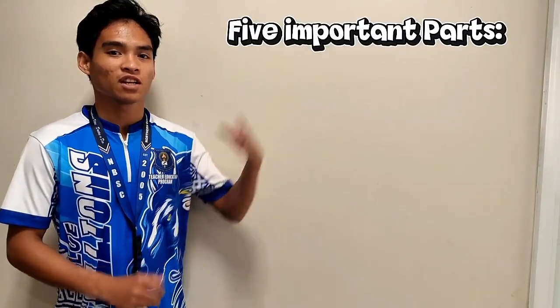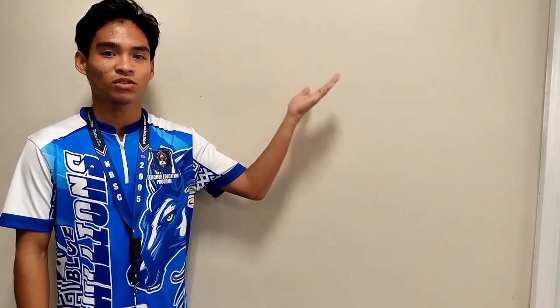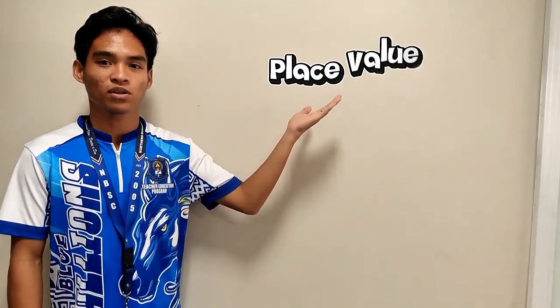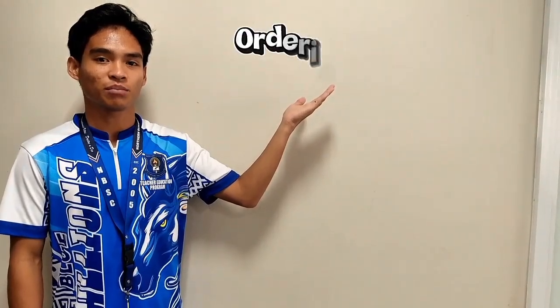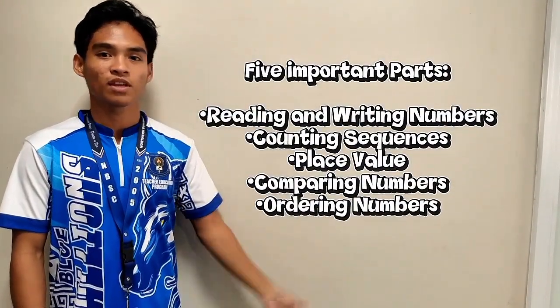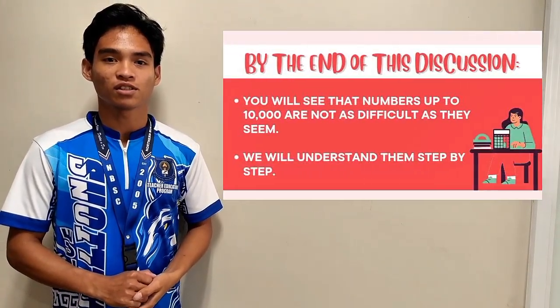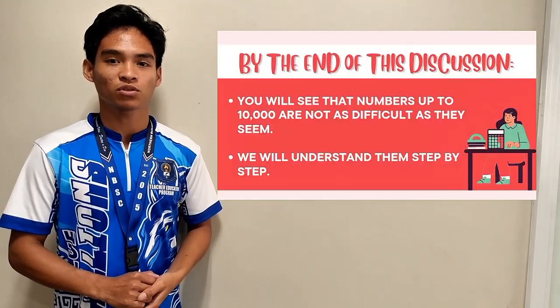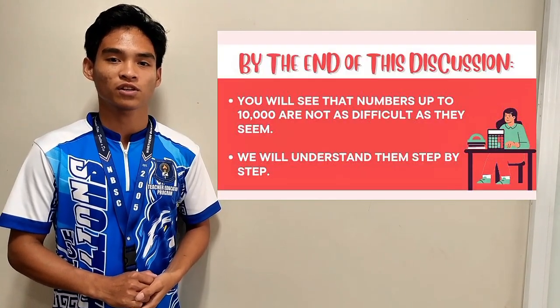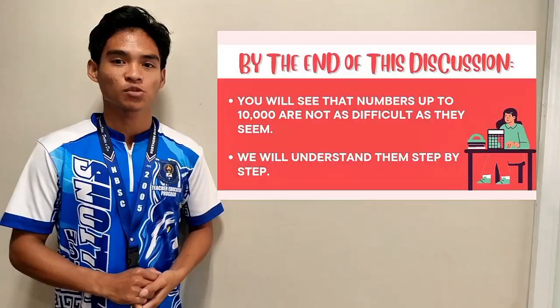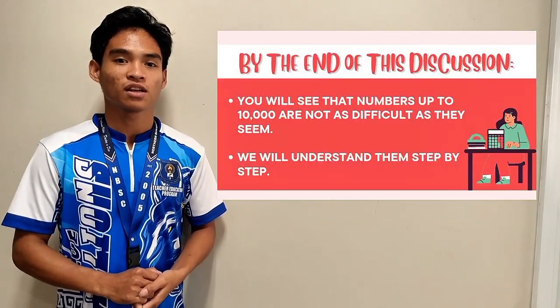In this lesson, we will go through 5 important parts: reading and writing numbers, counting sequence, place value, comparing numbers, and ordering numbers. By the end of this discussion, you will see that numbers up to 10,000 are not as difficult as they seem, especially if we understand step by step.